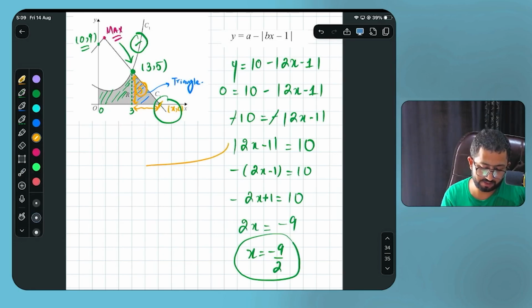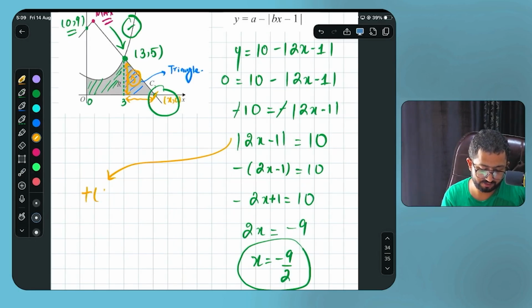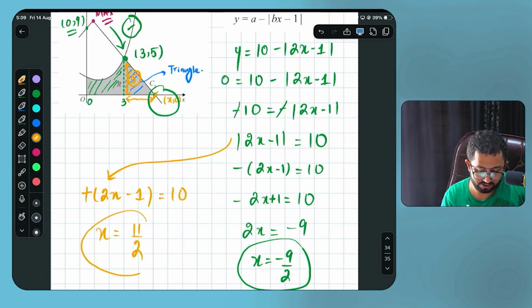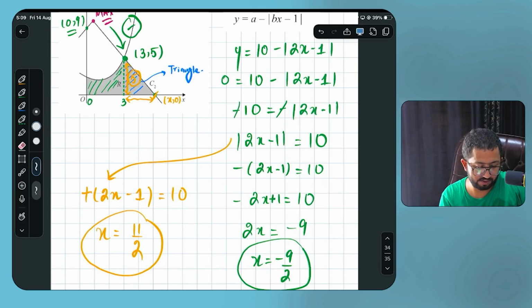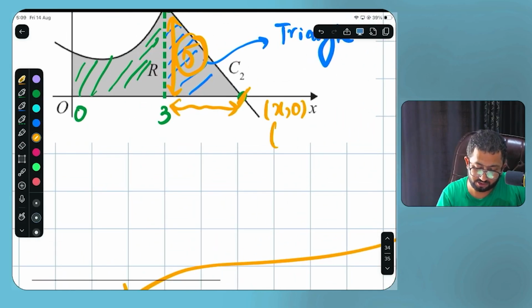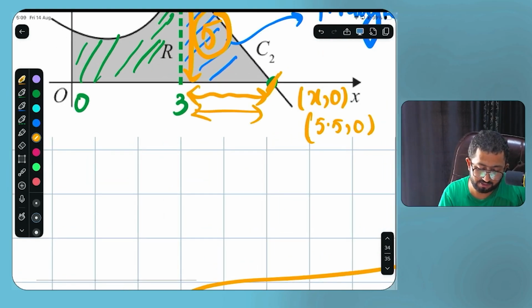Because I want to get a positive value, x will be 11 over 2, and that point will be 5.5. So this length will be 5.5 minus 3, which is 2.5.